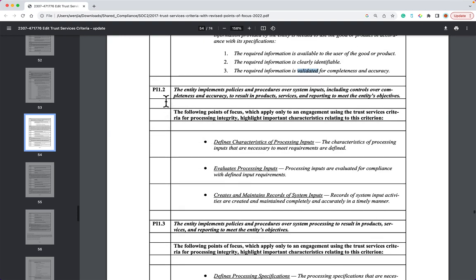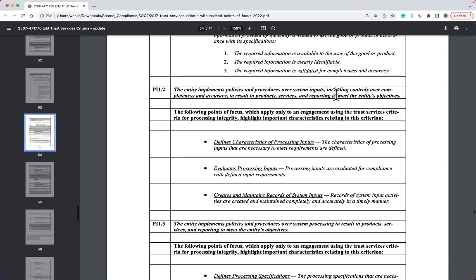Next, PI 1.2: the entity implements policy and procedures over system inputs, including controls over completeness and accuracy, to result in products, services, and reporting to meet the entity's objective. So this principle is saying you need to have policy and procedure for the inputs you are taking.